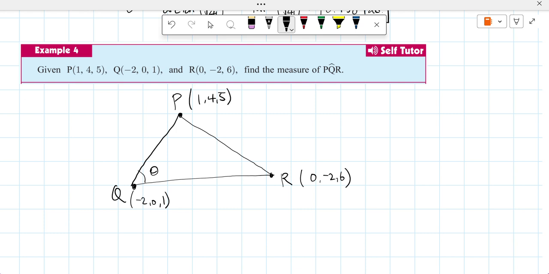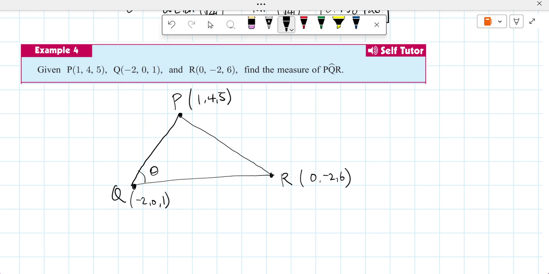And we know the rules of the non-right angle triangles. 3 rules. 1, the fact that the angles add up to 180 degrees in a triangle, or add up to pi. And also the fact that we know the sine rule and the cosine rule. The sine rule, if you think about it, involves use of 2 angles and 2 sides.